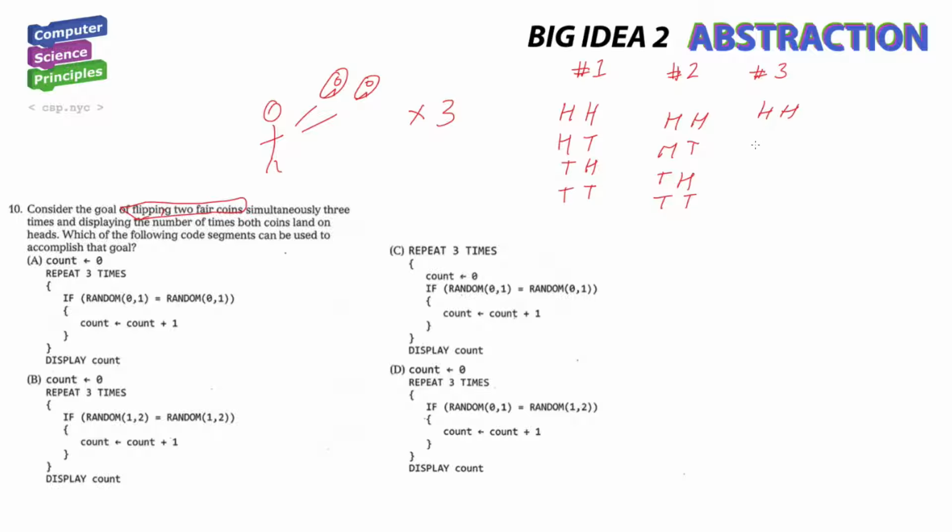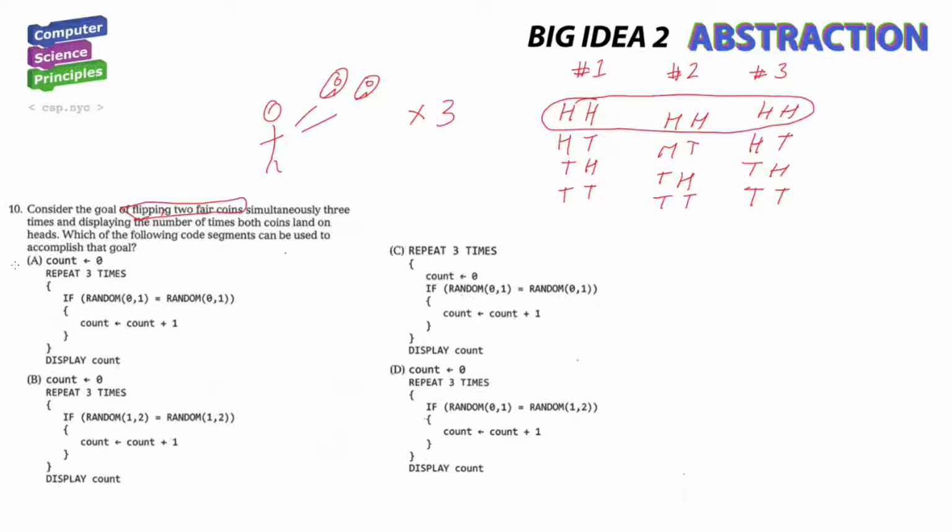I'm just writing out what you call a sample space, which you learn in middle school and high school probability math. They want to know if you do this 3 times, how many times you're going to end up with heads, heads. Which of the following code segments can be used to accomplish this goal?